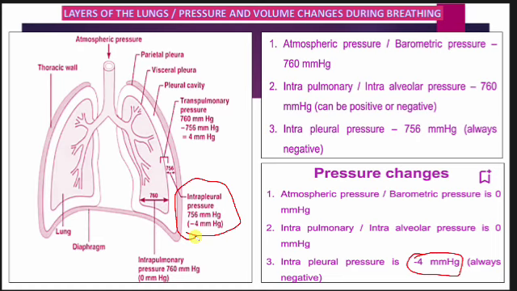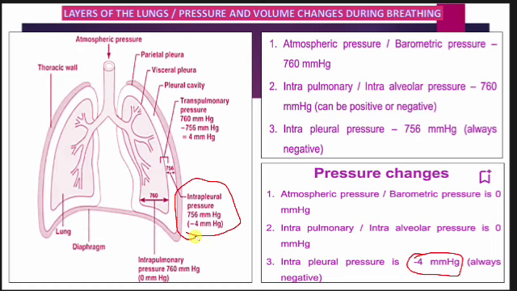So we are using the values in the respiratory tract. So minus 4 millimeters of mercury minus 0 millimeters of mercury. What would it give you? Minus 4. It will give you minus 4.